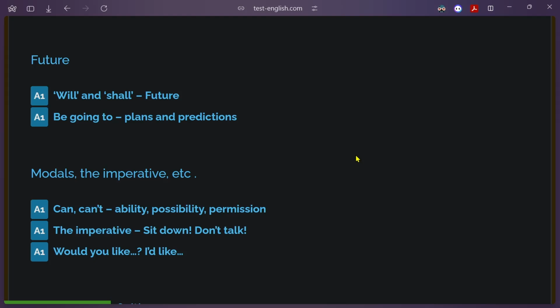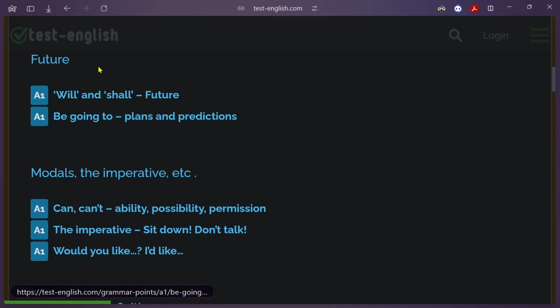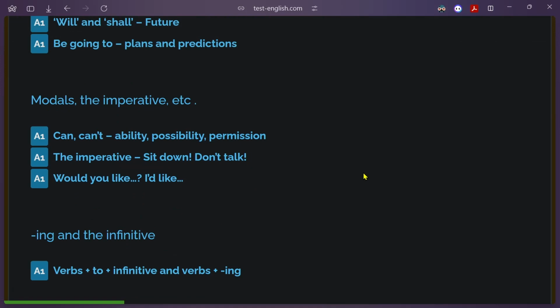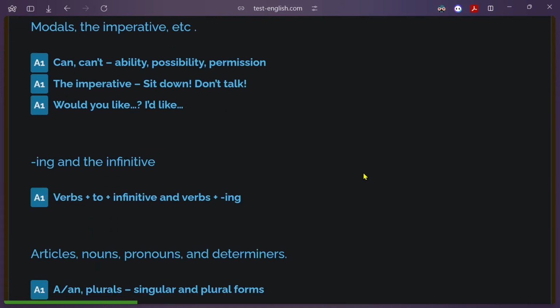It's a future plan. Or a prediction. Be going to. Prediction. I don't remember particular problems with this. We don't use future so much, right? If you're writing essays, if you're telling stories, we don't use future that much, right?